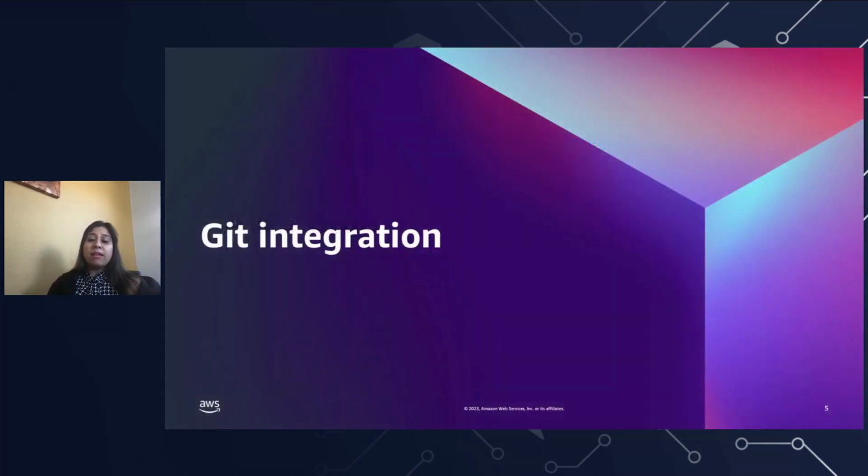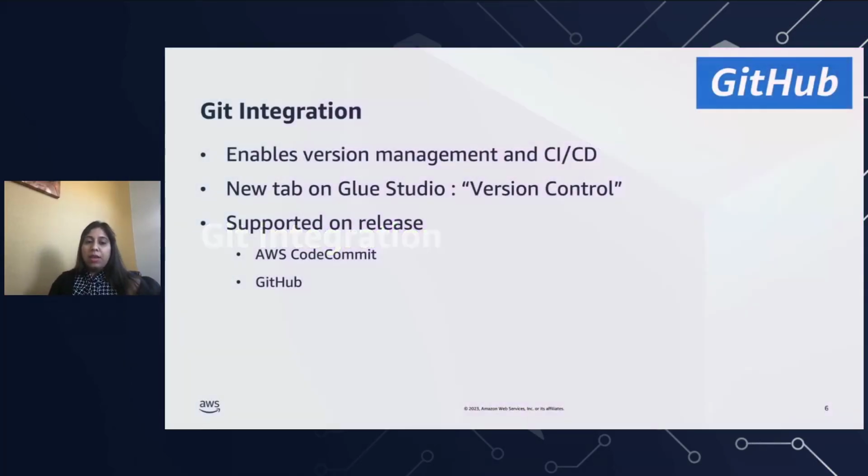Now let's discuss what changed with AWS Glue and how you can integrate Git with AWS Glue. AWS Glue now offers version management and CI/CD as well. A new tab was introduced last year, in 2022, in Glue Studio: you can go to version control, put in your GitHub information or CodeCommit information, and connect your Git directly to Glue.